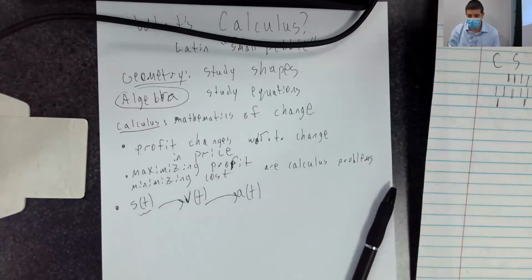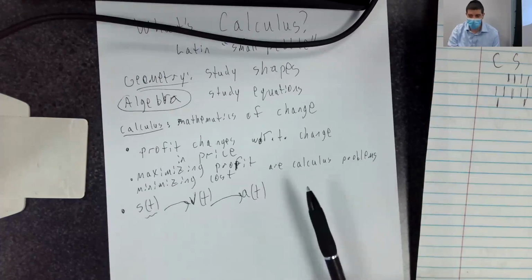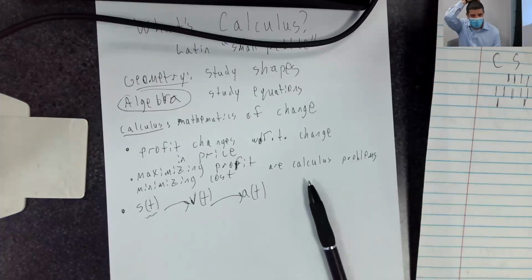Okay, and those of you that are in computer science, where does calculus come in? Well, if you're doing things like machine learning, you're basically trying to minimize an error between training data and the synthetic data that your algorithm is generating, trying to generate something that matches observed training data.